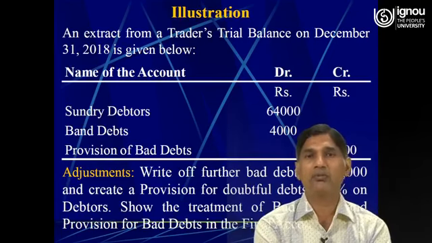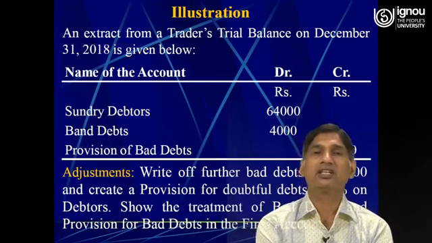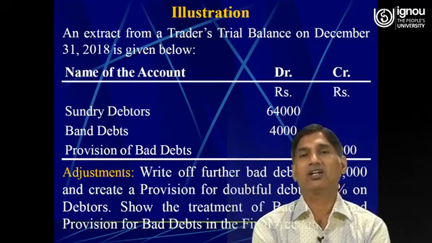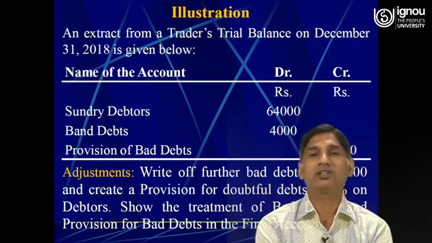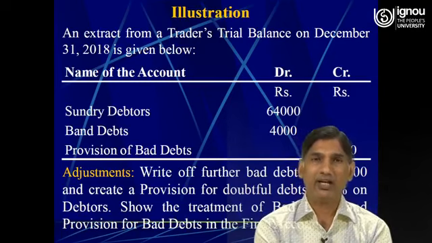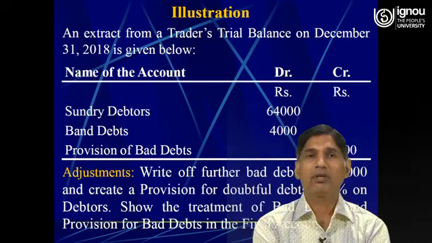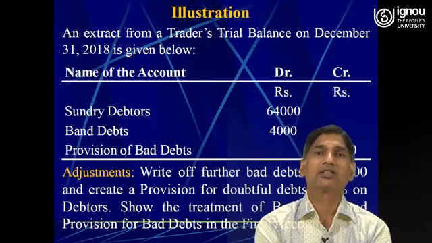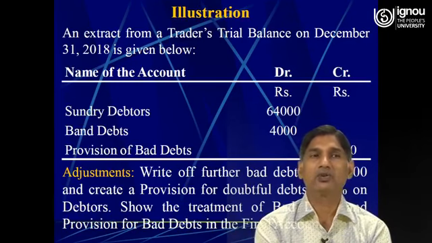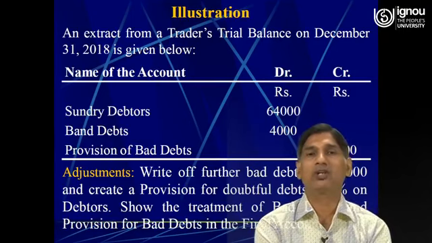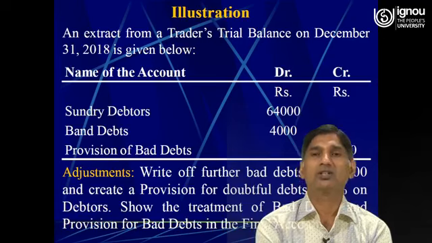So on this amount 5%, that is 3,100. So the new provision will be 3,100 and the old provision is 7,000. So bad debts 4,000 plus further bad debts 2,000, that is 6,000, plus new provision 3,100, so 6,000 and 3,100 is 9,100, minus old provision 7,000.